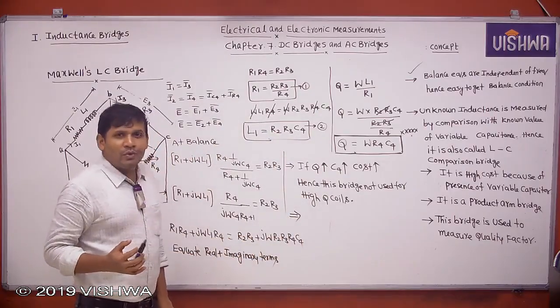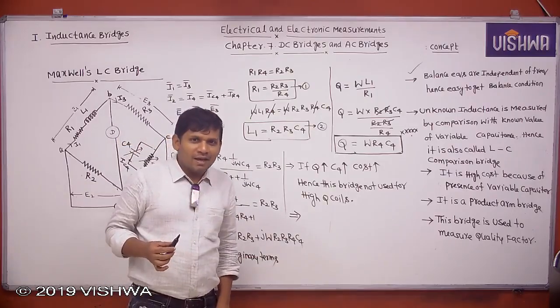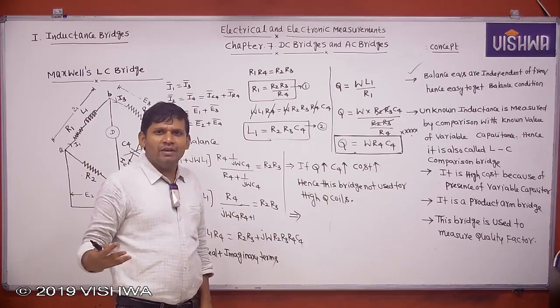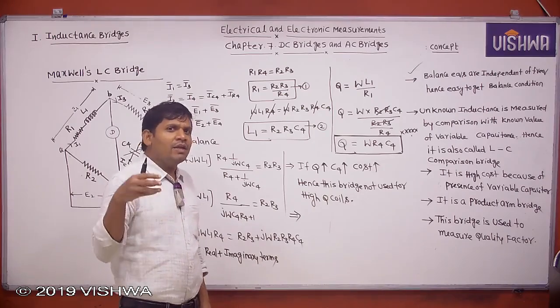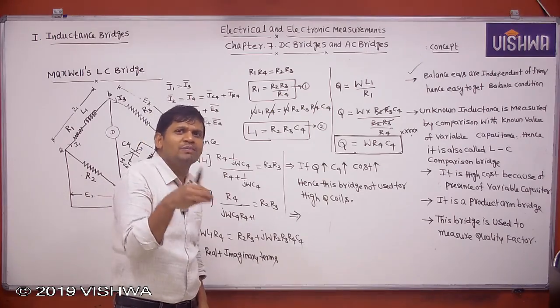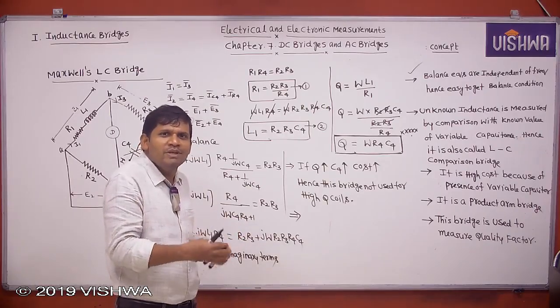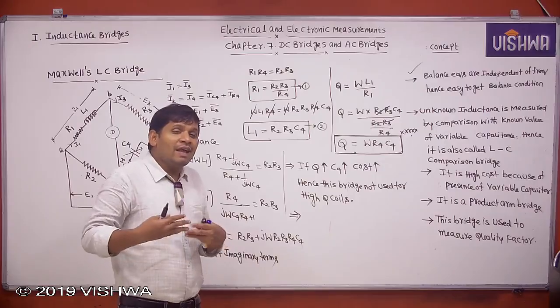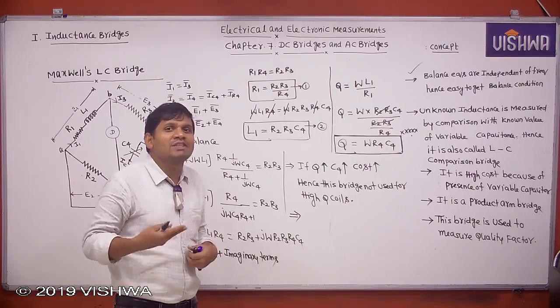Then one more point to remember, this is a practical observation only. During an experiment in the laboratory, if you connect a low Q coil in this bridge, the observation is that it takes more time to get the balance condition.